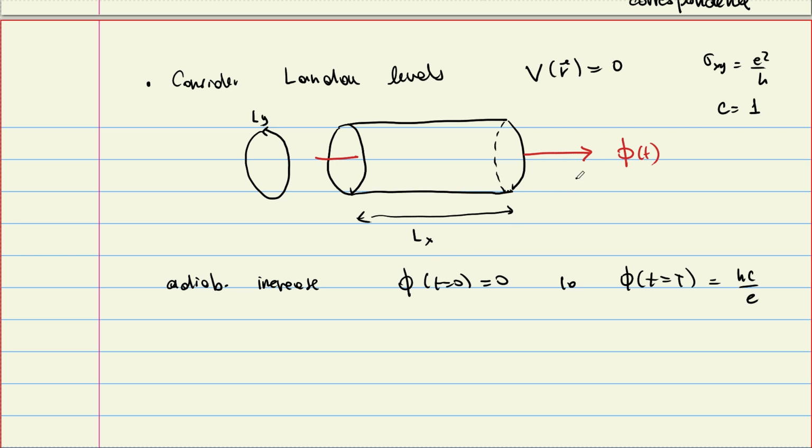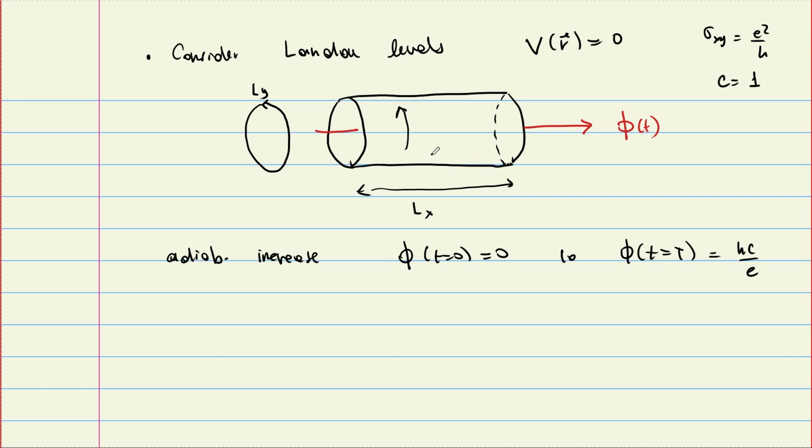And we know Faraday's law, right? If there is a flux change in the cylinder, there has to be an EMF. This is freshman physics. The EMF is going to be along the circumference of the cylinder, and we can calculate that EMF V_y.